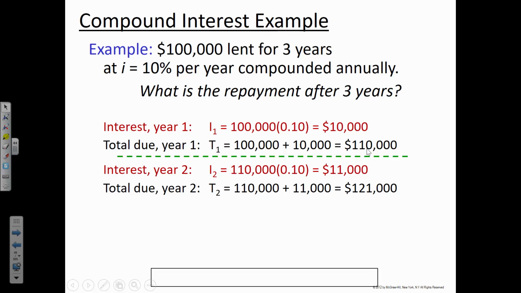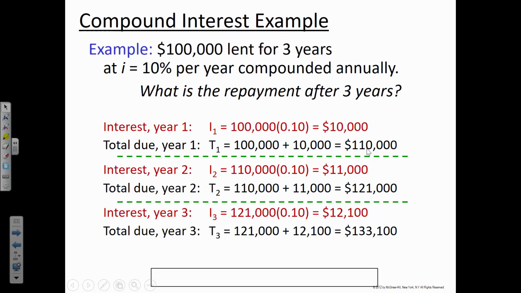So in fact this is maybe even a little bit simpler than what we did on Tuesday. Because here, once we have the interest amount of $11,000, we combine that with the previous year's balance, and so this $110,000 was the T sub 1, the total due at the end of the first year. And so that's where $121,000 comes from.